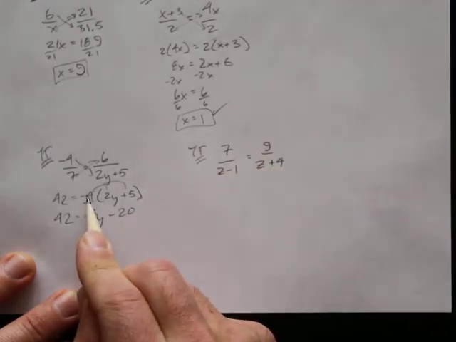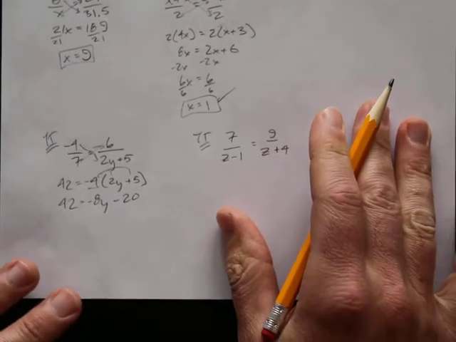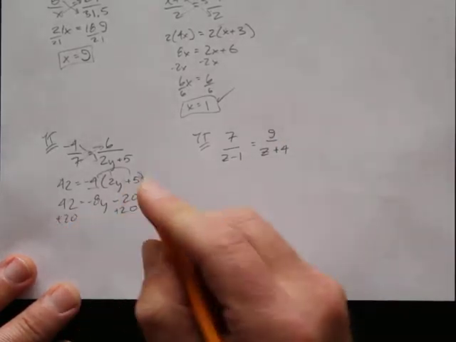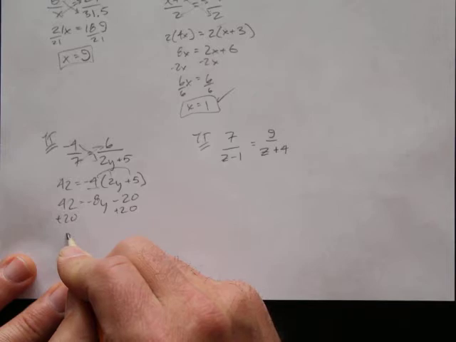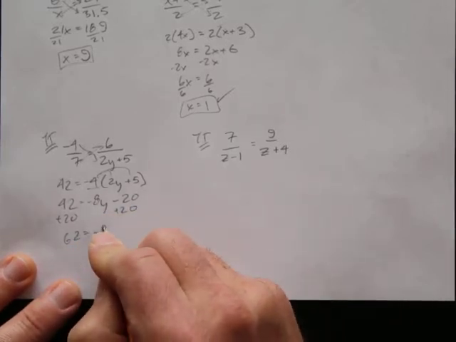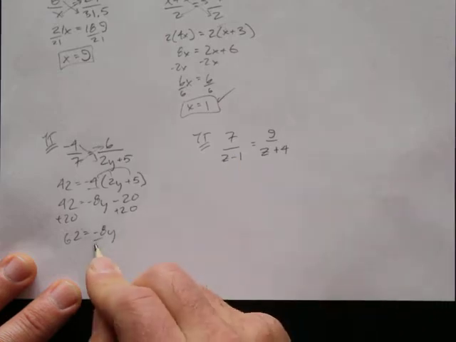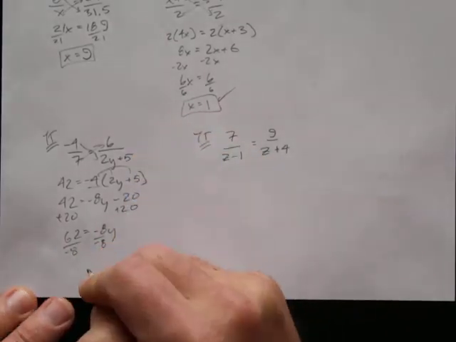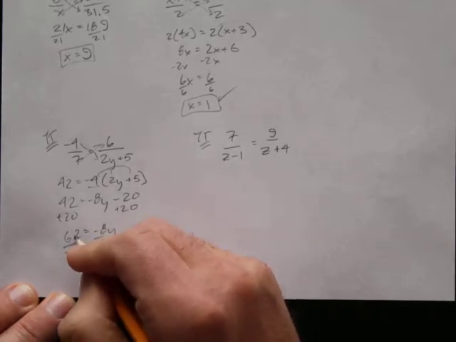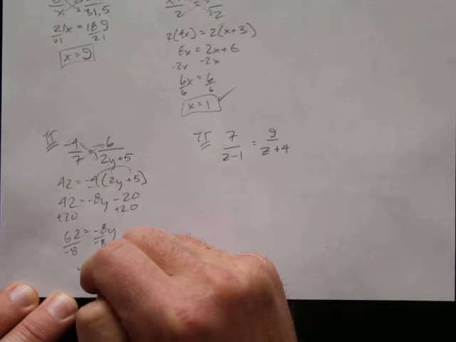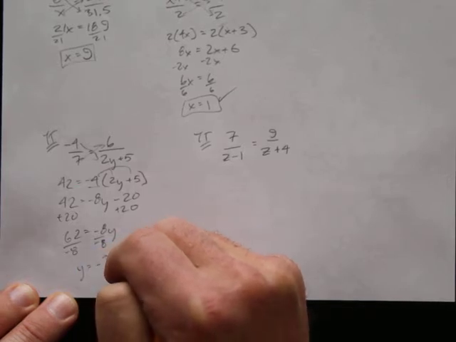Make sure you got that negative when you multiply through. Then I'm going to add 20 to both sides, and I get 62 equals negative 8y. Divide by negative 8 on both sides. This one is kind of gross. When you divide 62 by negative 8, you get y equals negative 7.75.